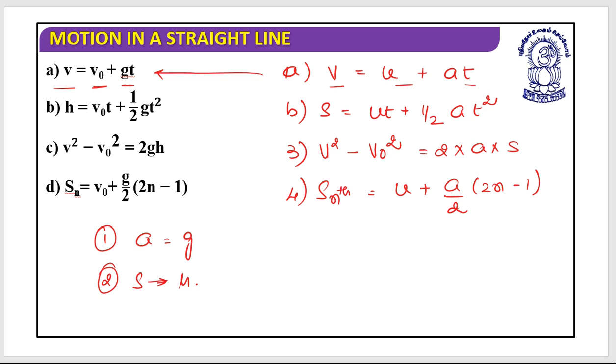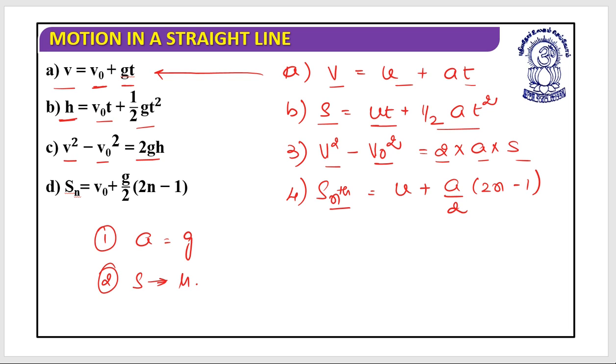Here I have considered v naught as the initial velocity. The relation s is equal to ut plus half at square is replaced by h is equal to v naught t plus half gt square. Then v square minus u square, or v square minus v naught square, is equal to 2 into a into s, is replaced by v square minus v naught square is equal to 2gh.